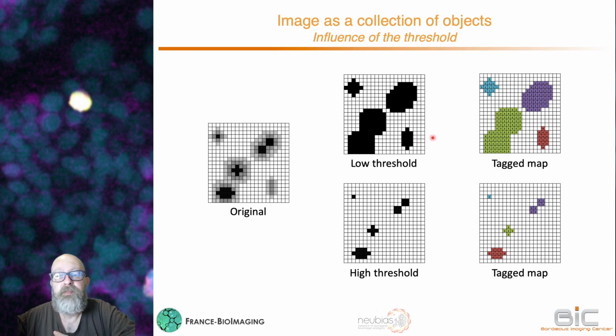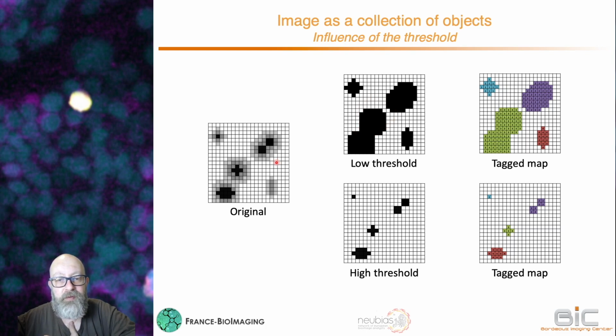Of course, there is another parameter that we've been working on earlier that could impact whether two groups of pixels are considered as one or two objects. This parameter is a threshold. If you use a threshold that is a bit too permissive, then this is how the mask will look like.